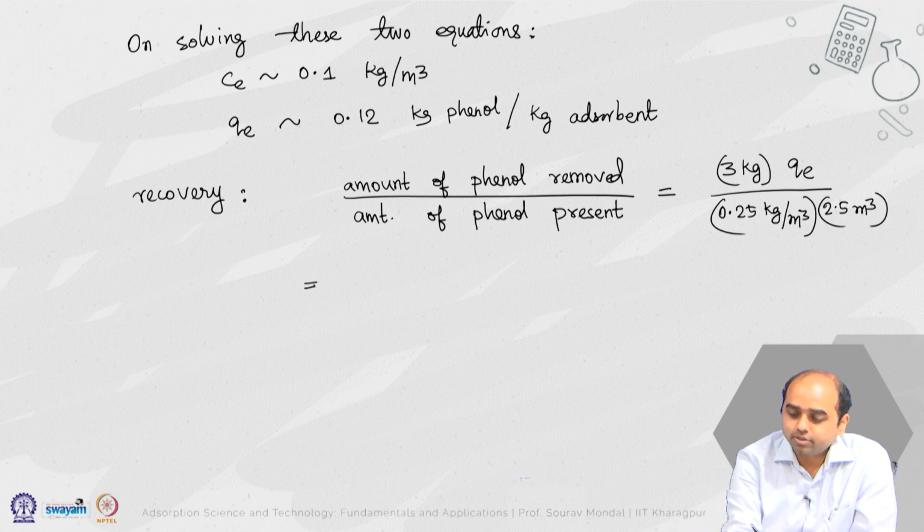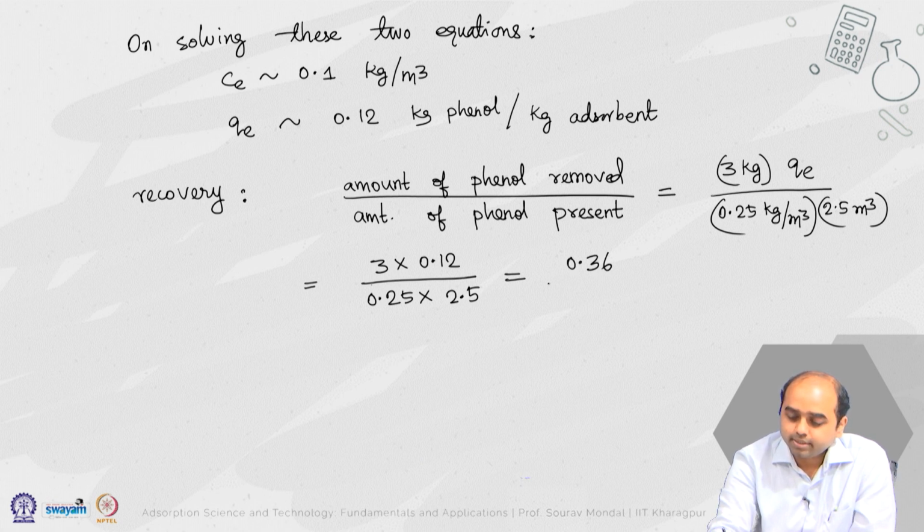So, this is equal to 3 into 0.12 divided by 0.25 multiplied with 2.5. This stands to around 0.36 divided by 0.625, so roughly this stands around 58%.